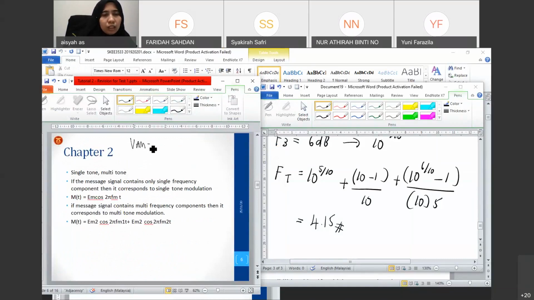The basic formula is EC plus VMT cos omega CT. Okay, this is for the full AM. Basic is EC plus VMT cos omega CT, and this VMT is the modulating signal.